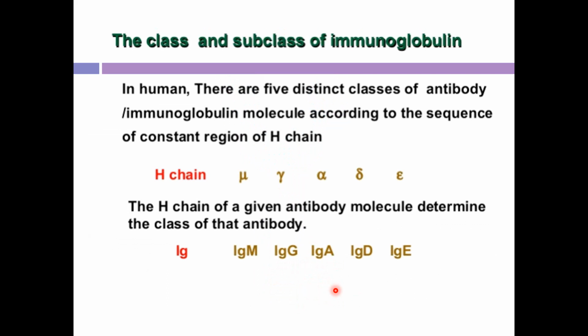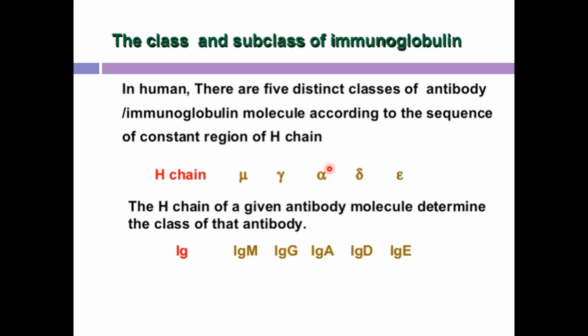Now the subclasses or isotypes of immunoglobulin. These isotypes of immunoglobulins are based on the heavy chain. There are five distinct classes of antibodies or immunoglobulin molecules according to the sequence of the constant region of the heavy chain. If the heavy chain is mu, it is called IgM. If the heavy chain is gamma, it is called IgG.